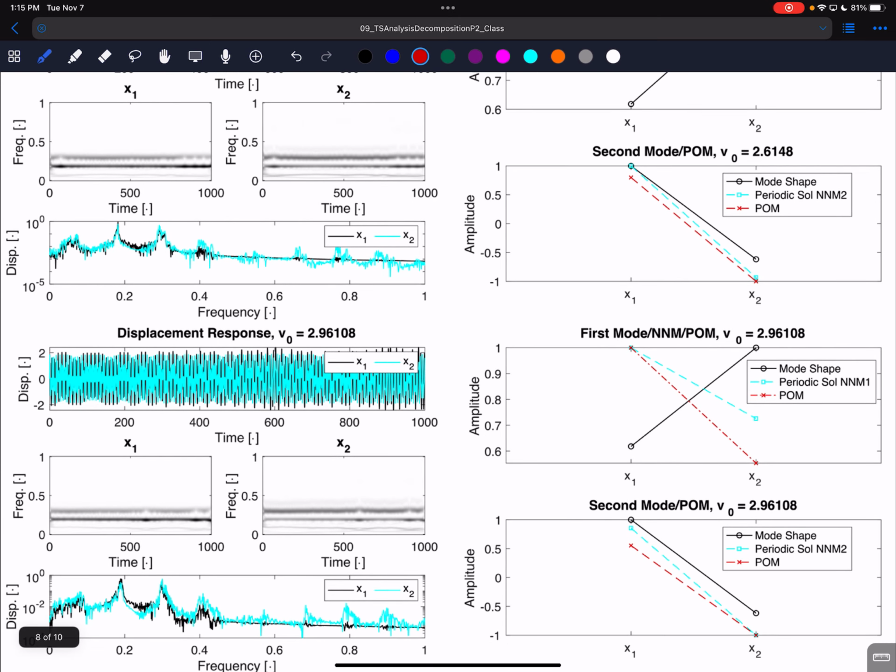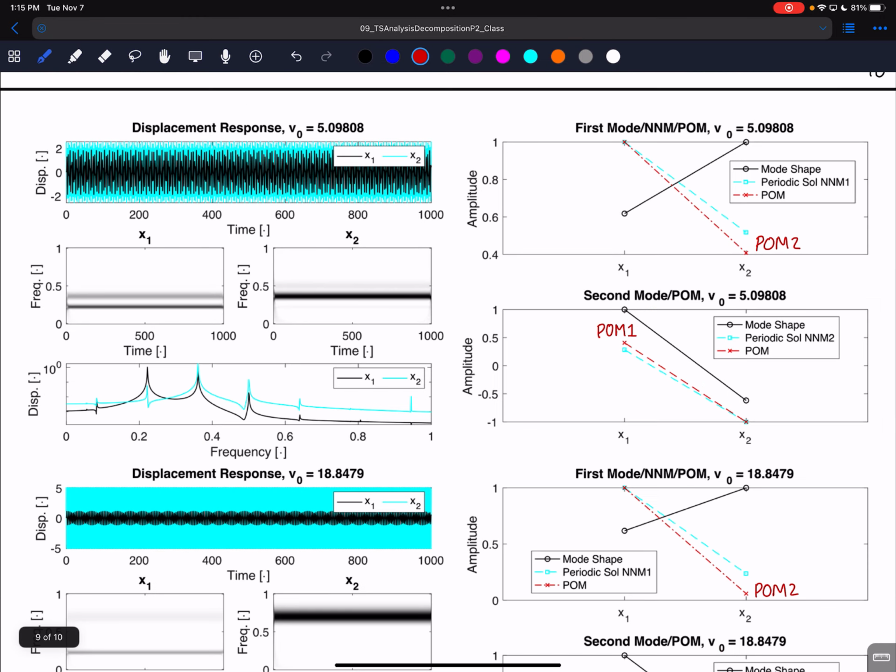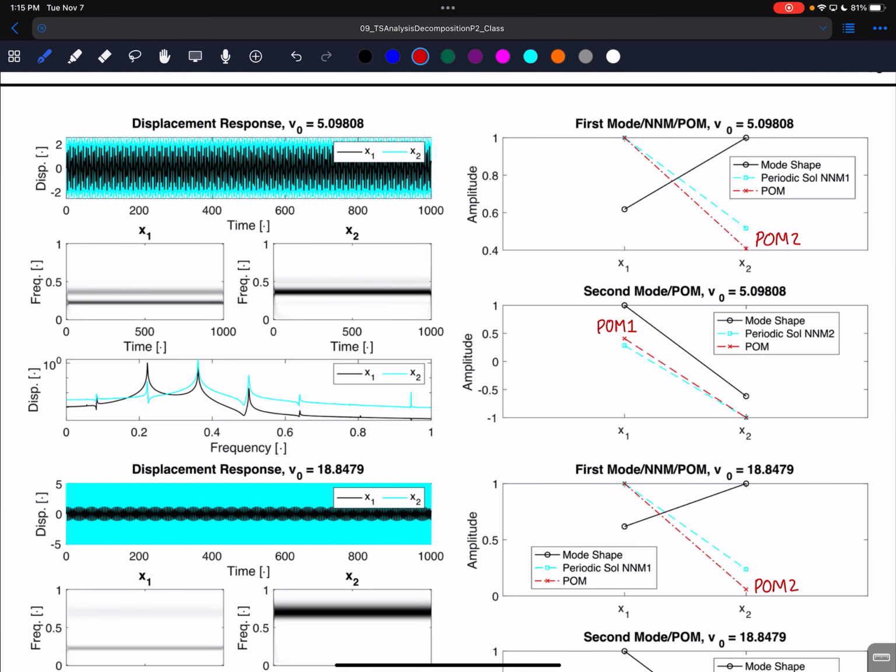As we go up, we'll start to see the palms will vary and be a little bit different than the NNMs, but still kind of capture that overall behavior. If we go up to even higher energy, we end up getting, in a sense, a mode conversion.